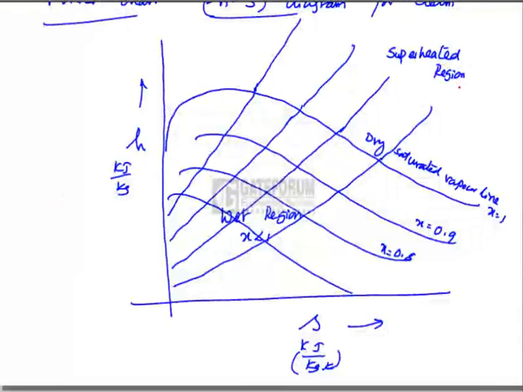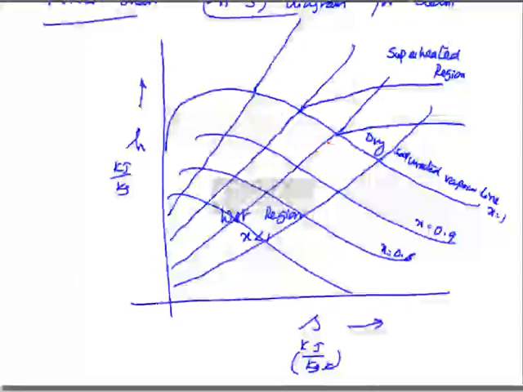The constant temperature lines will go horizontally initially and later they merge with the constant pressure lines. That means in the wet region isobaric is nothing but isothermal. That is an important point to be noted here.